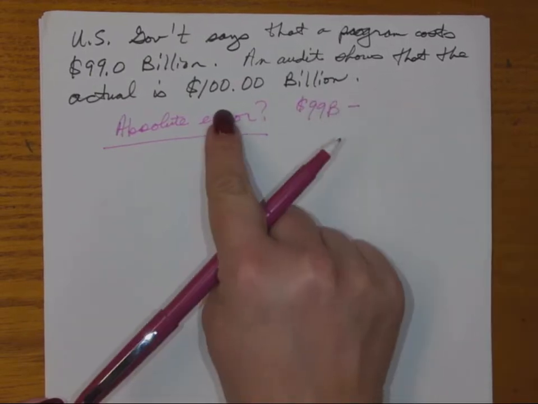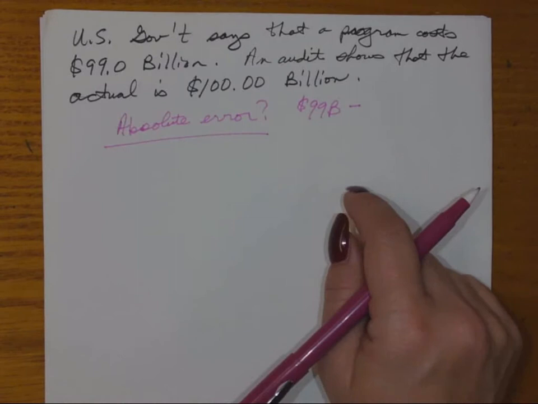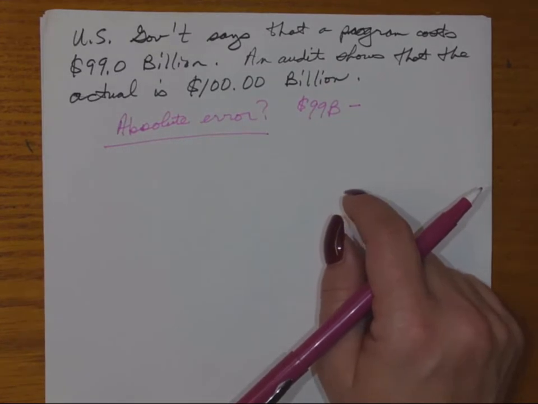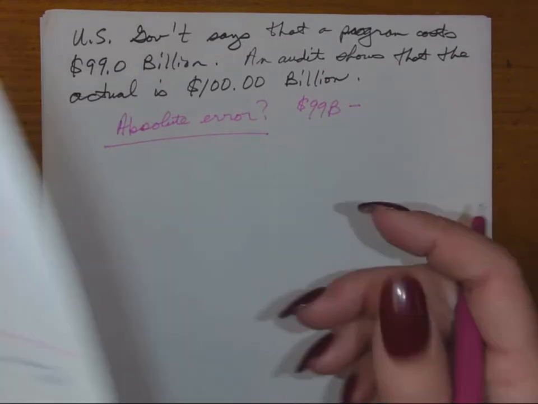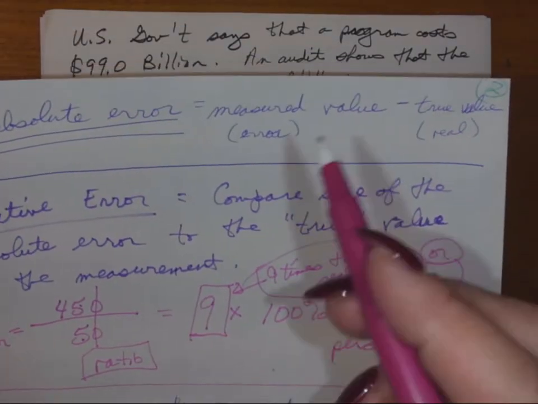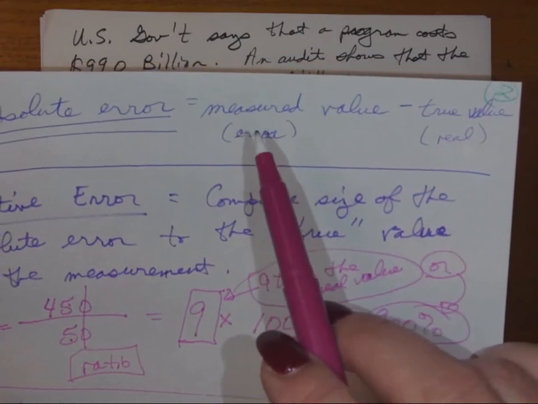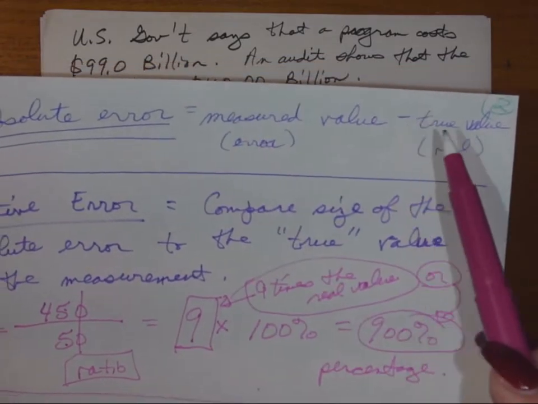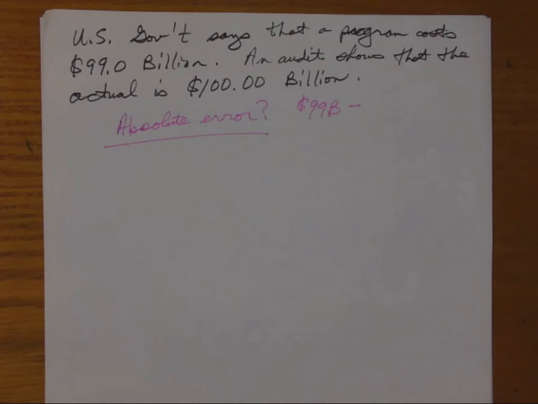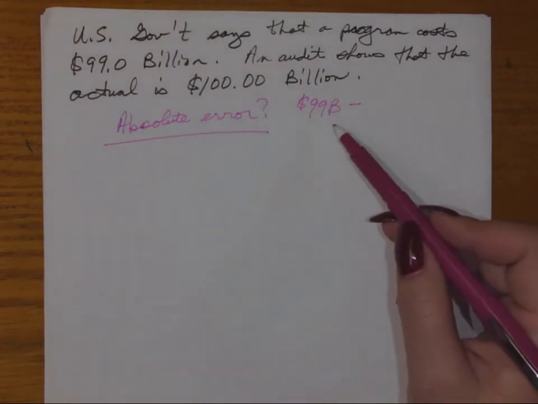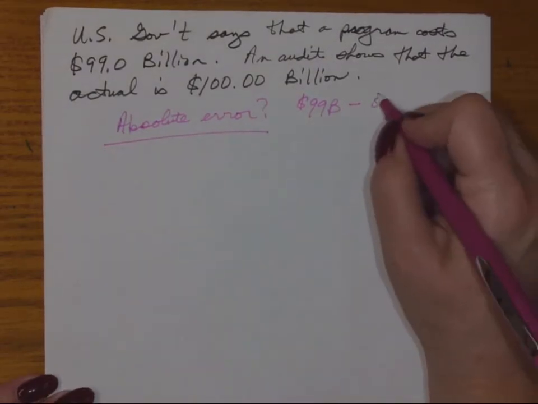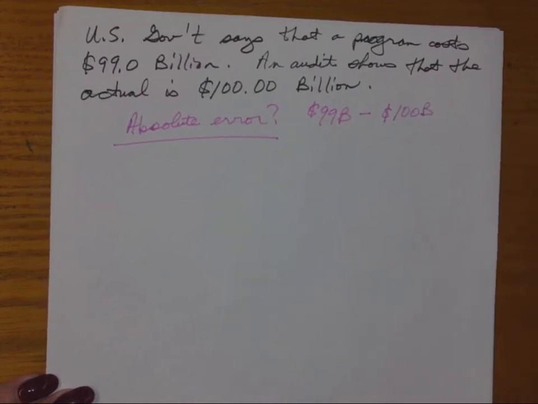And I want minus, go back to your other notes if you need to. Absolute value, error. So measured value, where's the error? The error was in the 99 billion, minus the true value, what was it really? So here's where the error was, minus the 100 billion, which is the true value.